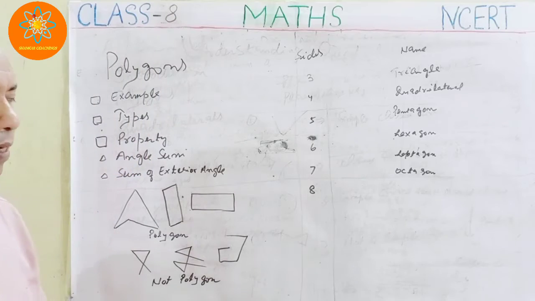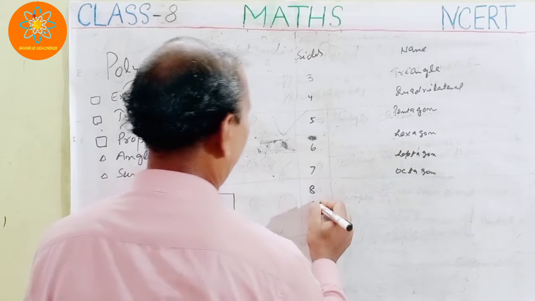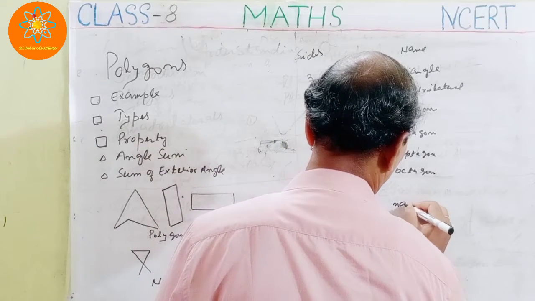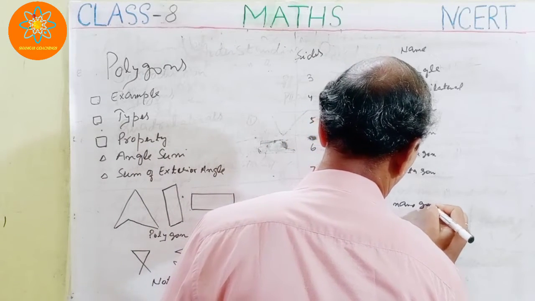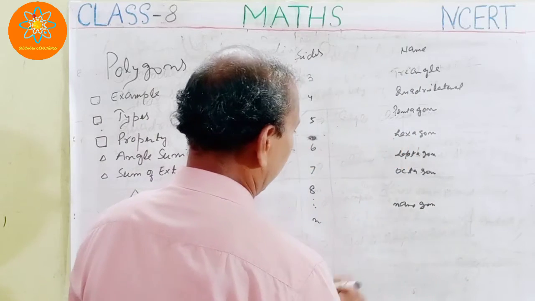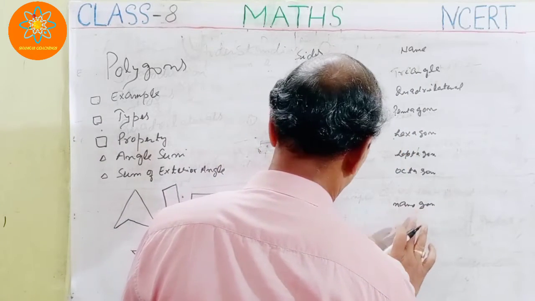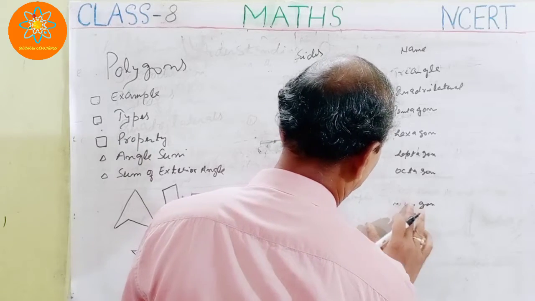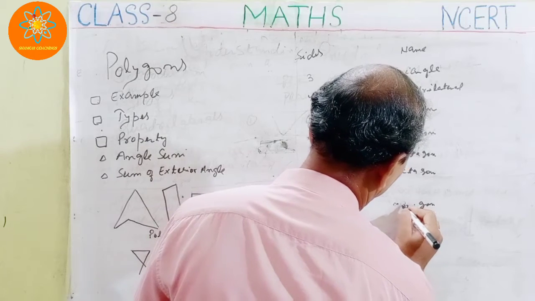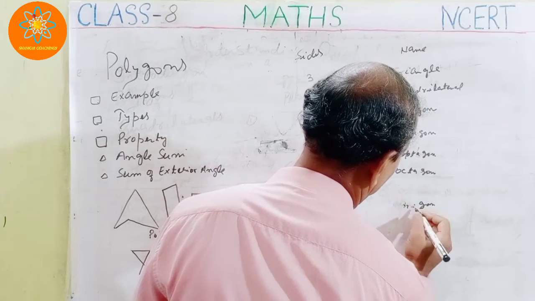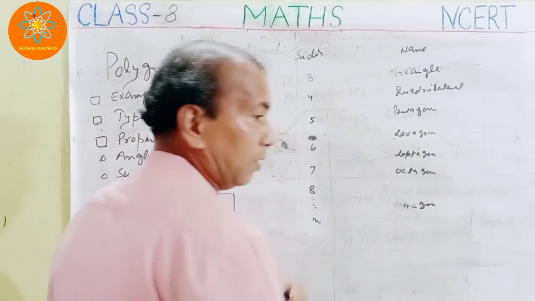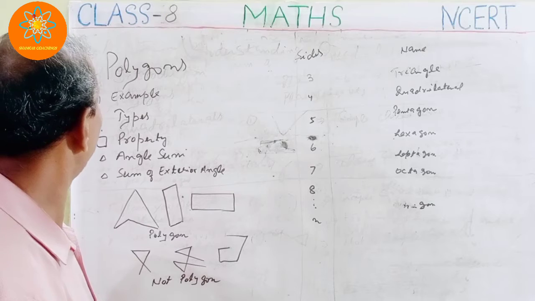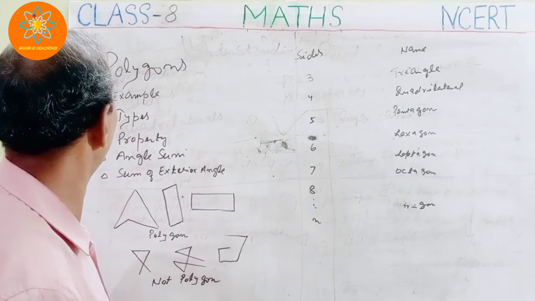Similarly, if the sides are n, it is an n-gon. So these are the examples of all these polygons.